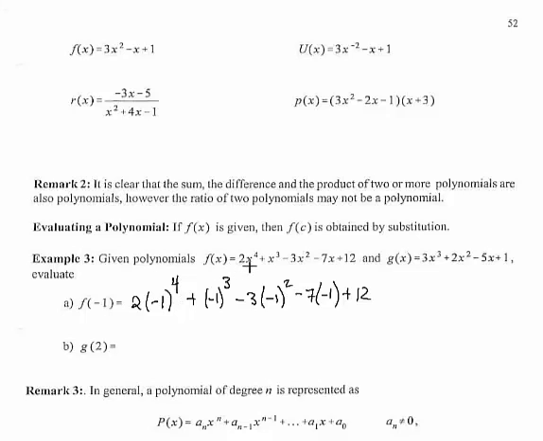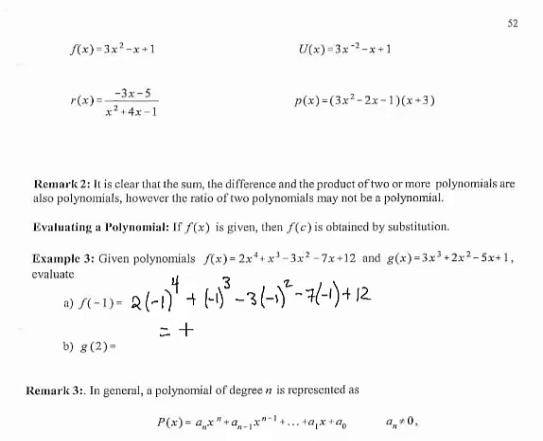So we have 2 times x to the 4th, so I write -1 to the 4th. Then there's an x to the 3rd, so -1 to the 3rd. And then the third term is -3 x squared, so -1 squared, and only the -1 is squared.